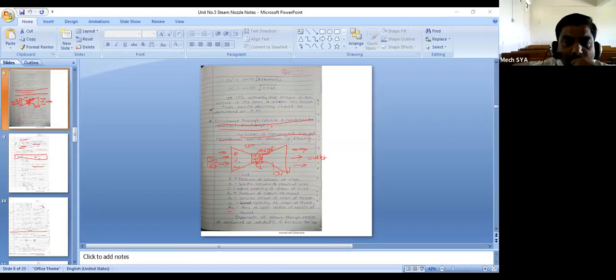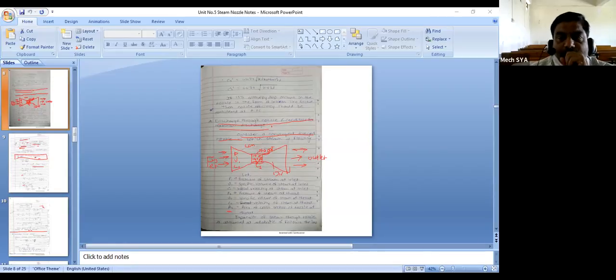This type of nozzle is used frequently in industry. The first inlet is the convergent section and the outlet is the divergent section. It is used when back pressure is less than the critical pressure.